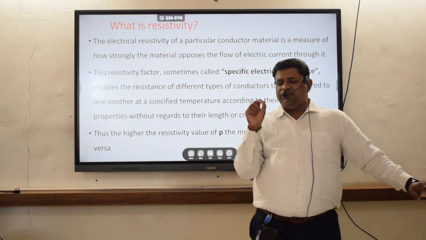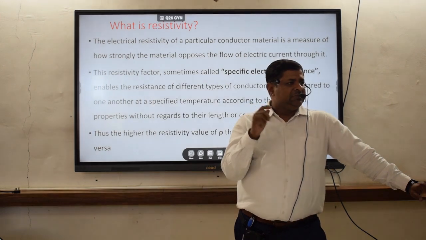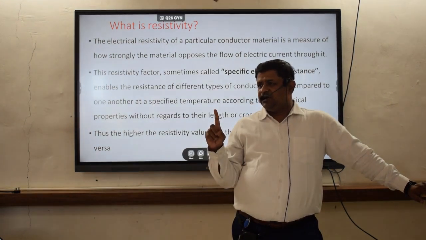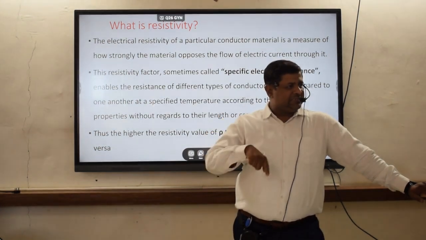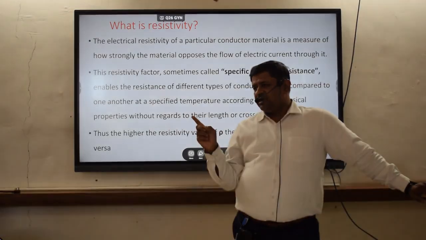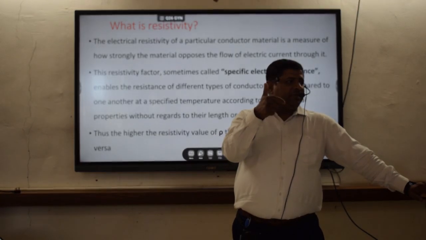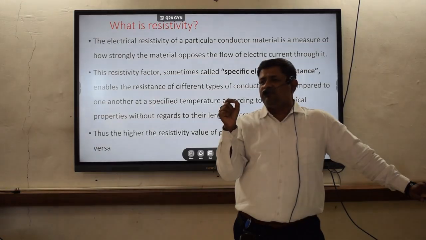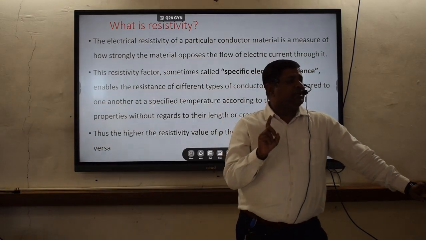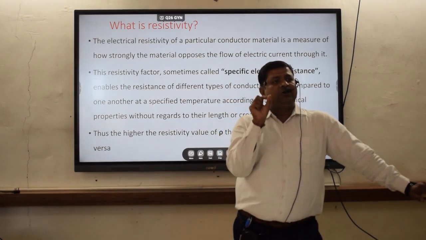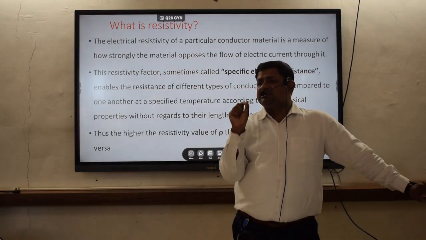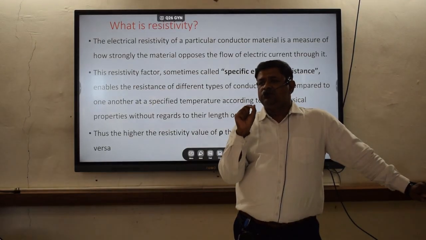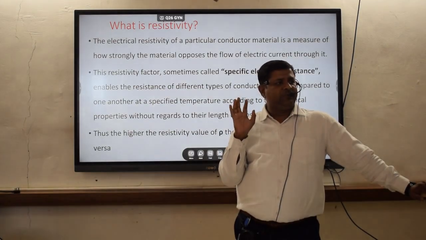If the material has higher resistivity, then there is no passage of current, and if it has less resistivity, more passage of current. That means a highly resistive material will act as an insulator because there is a higher resistance to the flow of current, and a low resistance material may act as a conductor because there is less resistance to the flow of current through the material. I hope you guys are getting what I am trying to say.